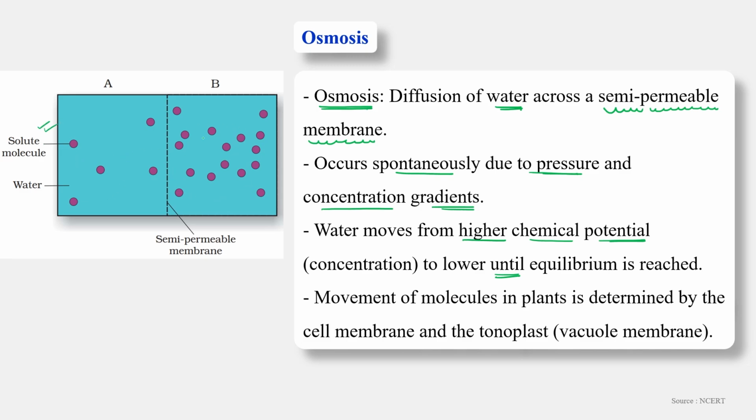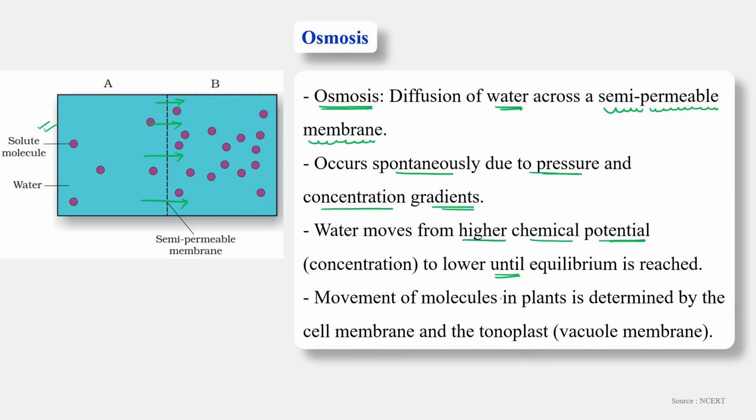The concentration of water compared to compartment A is less over here. So water movement occurs from here to here until equilibrium is reached, meaning the concentration in both chambers A and B is equal. Till then, movement of water occurs.